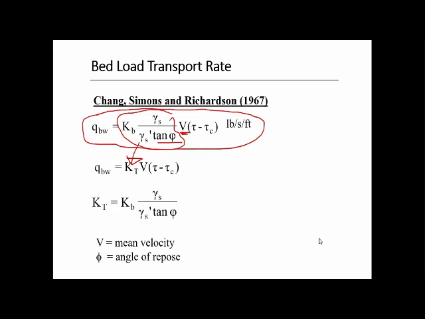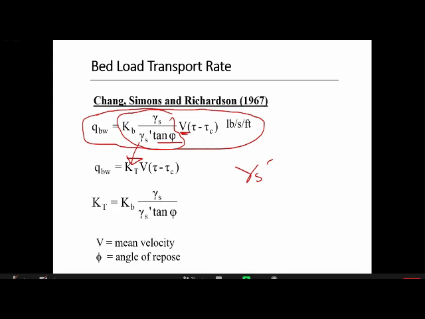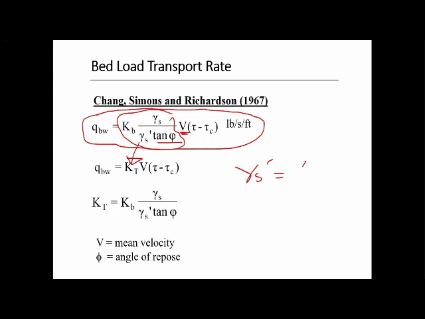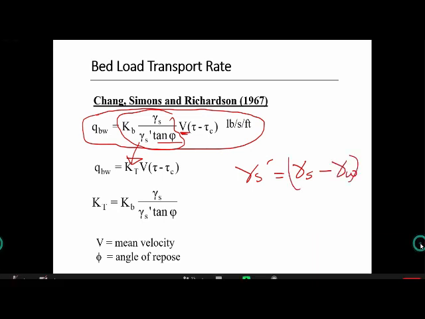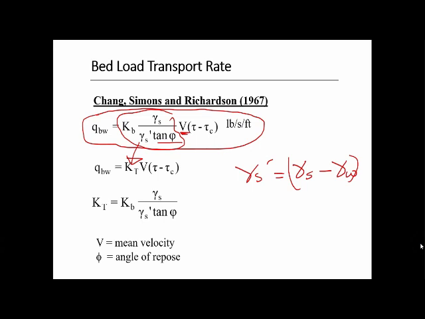Okay. So to get the specific weight of the sediment, it must be the specific weight of the sediment minus the specific weight of the water, then you get the specific weight prime, or the effective specific weight of your sediment.